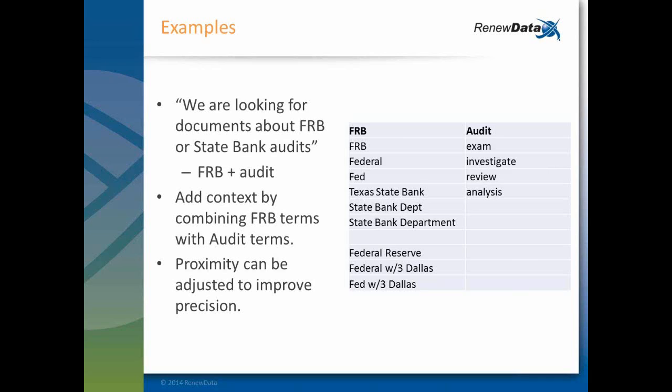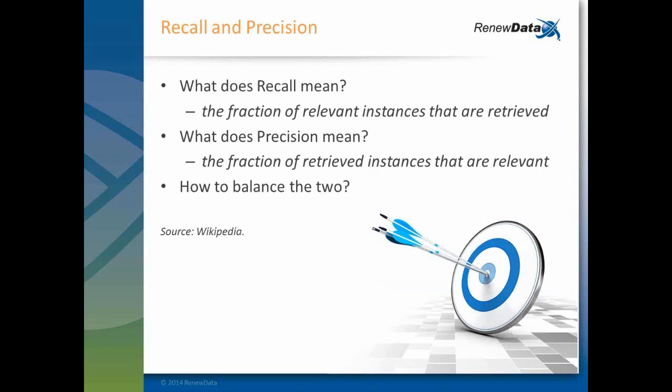So you want to improve your precision because that captures the highest number of documents that are actually relevant to what you're looking for. But it is a very fine line, and it's a tough balance to accomplish. Some of the things I'm going to talk about will give you some tips on how to improve your precision without degrading the recall of your searches.